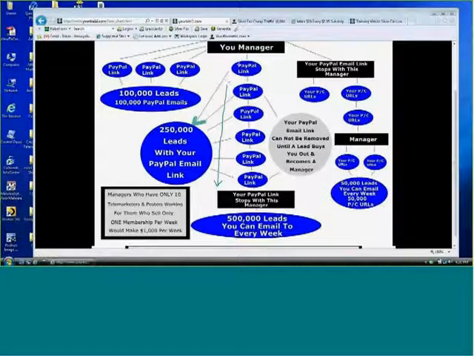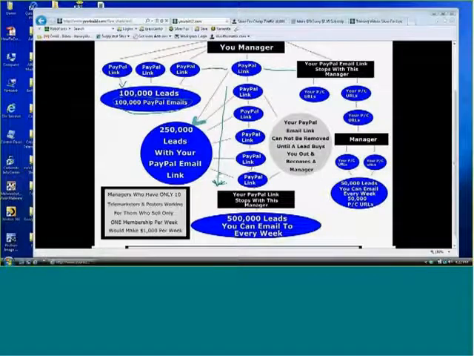Meaning is, so you hire, this is your first line, you hire a bunch of no investment telemarketers here. They're out there working, and they find some other people that can't afford to pay the $200, and they go out and they duplicate the same process. Well, when they go out and duplicate the same process, your PayPal link stays on all those pages, going to infinity until somebody buys you out down here, okay?